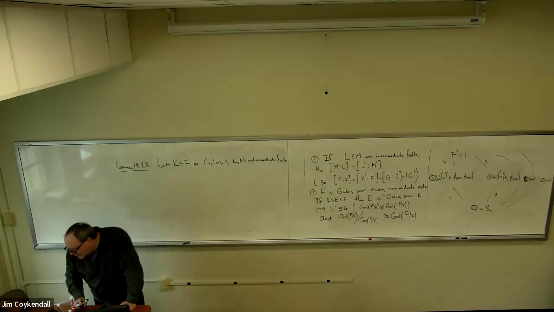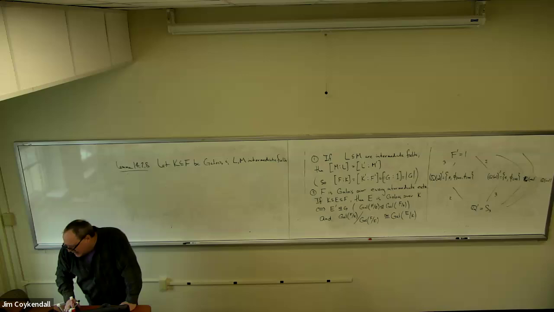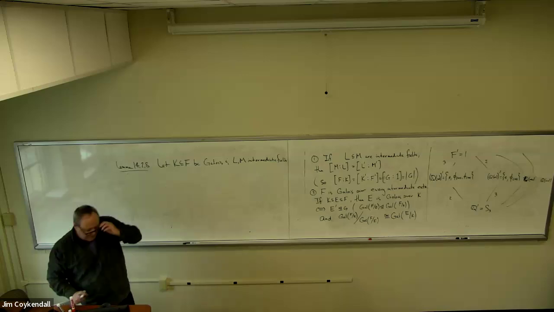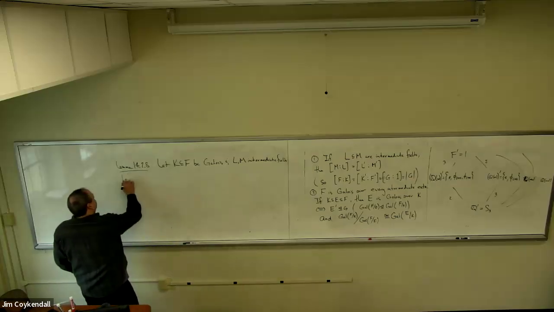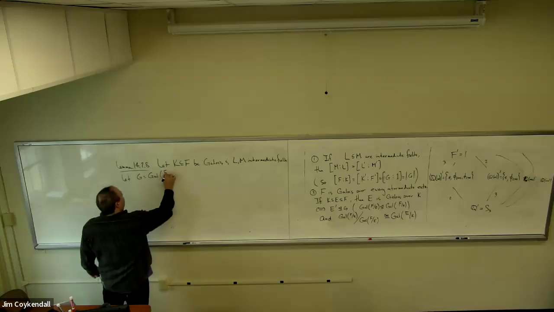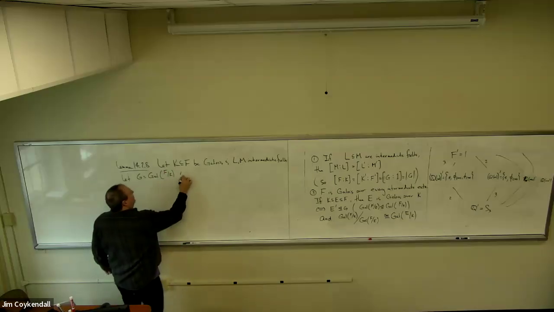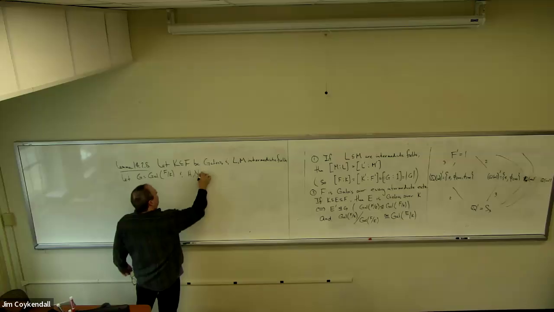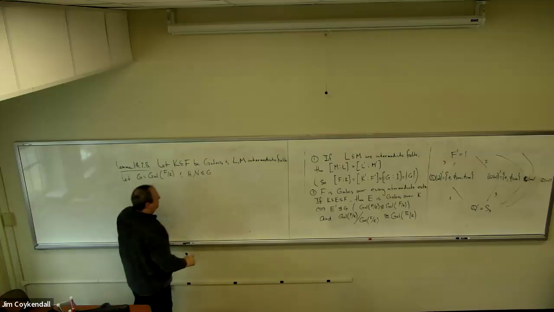So at the outset, I'm not assuming that, I guess I probably should have. L and M are just intermediate fields, so both of them are between K and F. Let G be the Galois group of F over K, and H and N be subgroups of G.